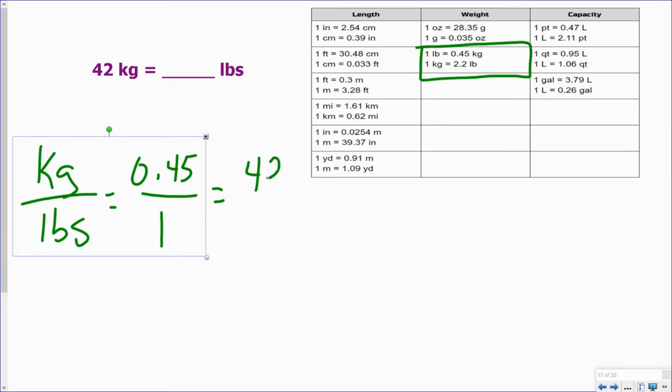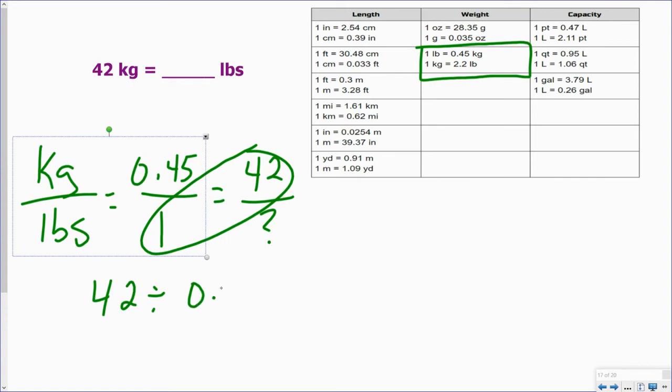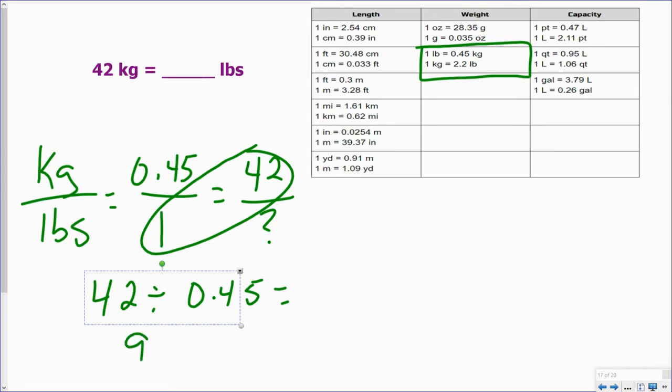I have 42 kilograms, and I'm trying to figure out how many pounds I need. So again, cross multiply would give me 42, and I would take 42 divided by my 45 hundredths, and that would give me a total of 93 and 33 hundredths pounds.